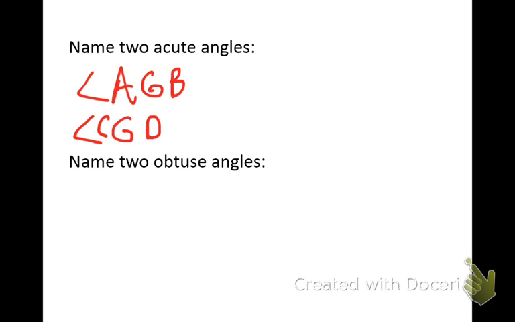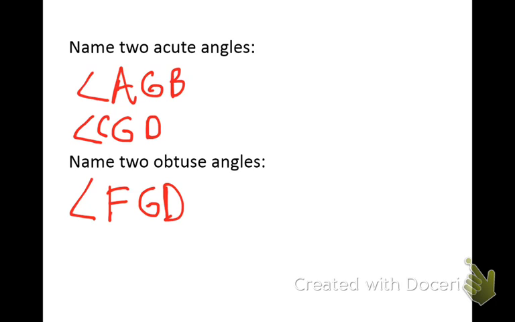2 obtuse angles. Well, we could use FGC. That's one. We know that's 157. We can use these without even looking at the picture. FGC is 157, so that's 1. And then another one would be BGD.